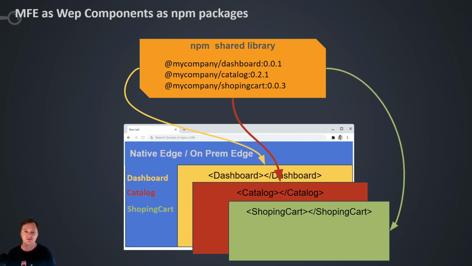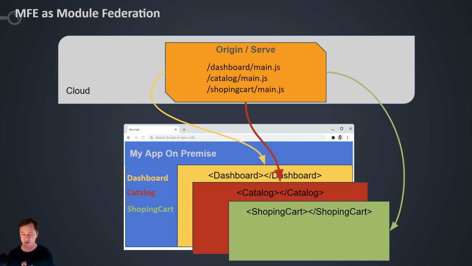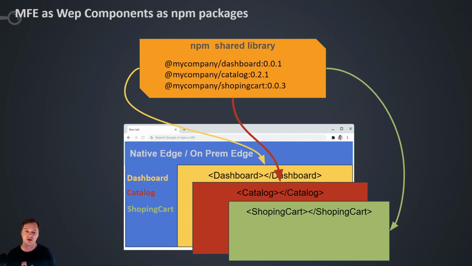So the difference between web component and module federation is the way the exposed component from dashboard, catalog, or shopping cart comes into the host. Either through uploading somewhere to the cloud or to a service that will serve it, or it will be implemented at build time during the development of the host itself. You can just npm install and use it locally, and then build everything together like with any other component.